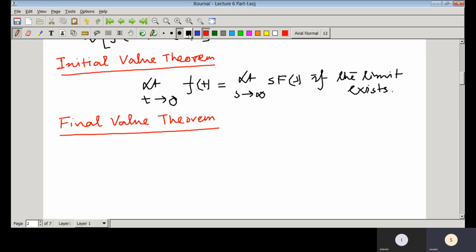So for the final value theorem, you need to first check whether sF(s) is analytic or not.